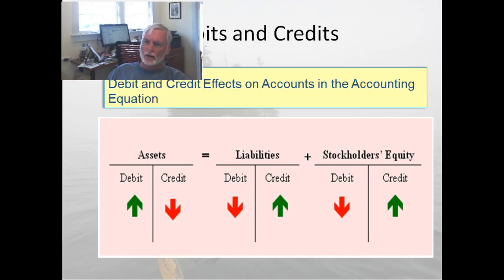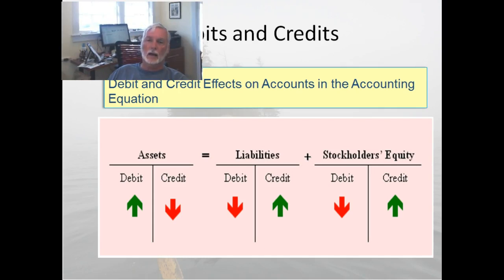So therefore, if I debit assets and credit liabilities, my equation stays in balance. An example of this is if I pay an accounts payable. So I owe money to a supplier and I pay them.